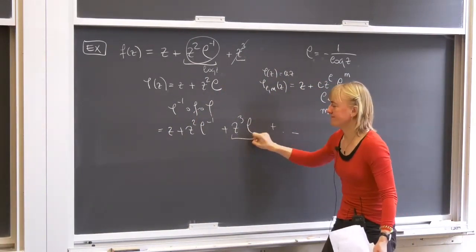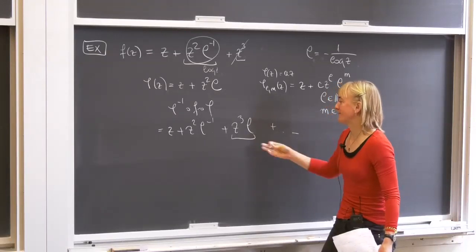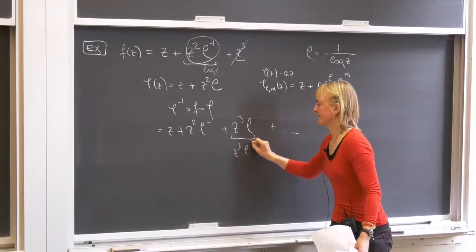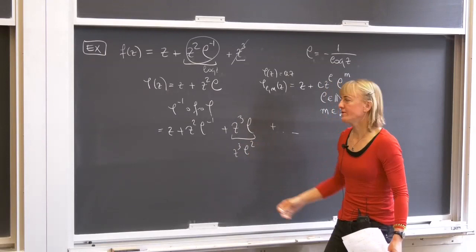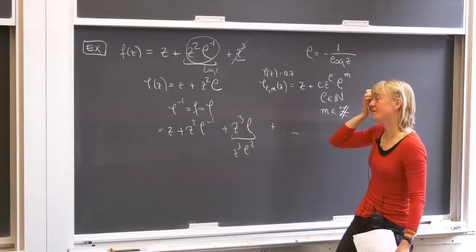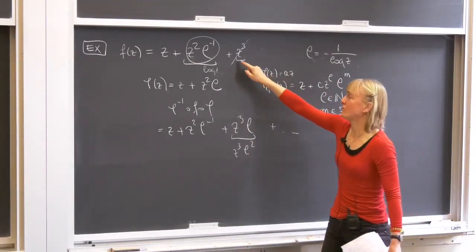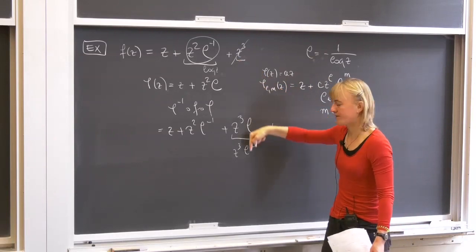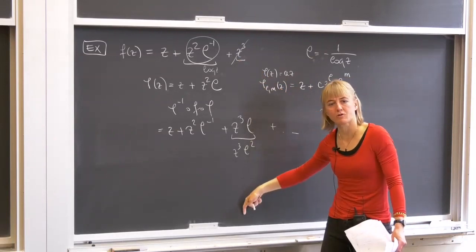The next change will eliminate this thing and generate z3 L squared, etc. So even to eliminate one term, we already need infinite depth in logarithms.